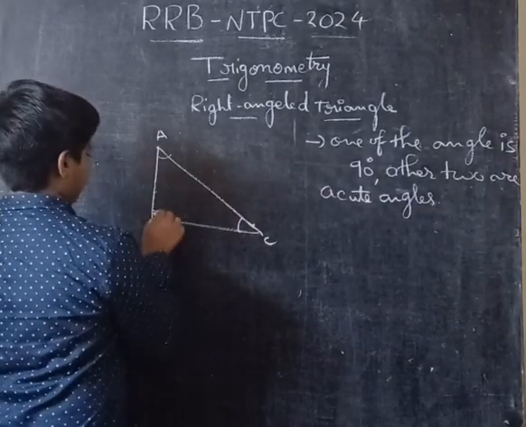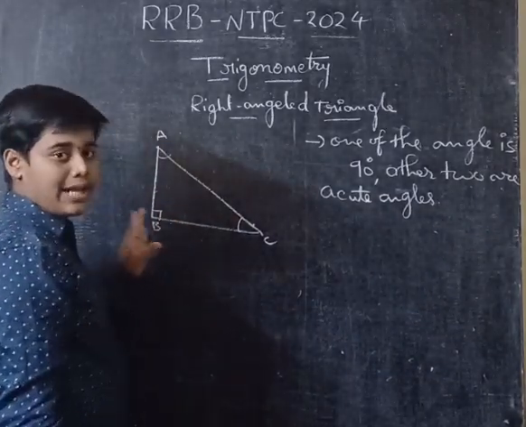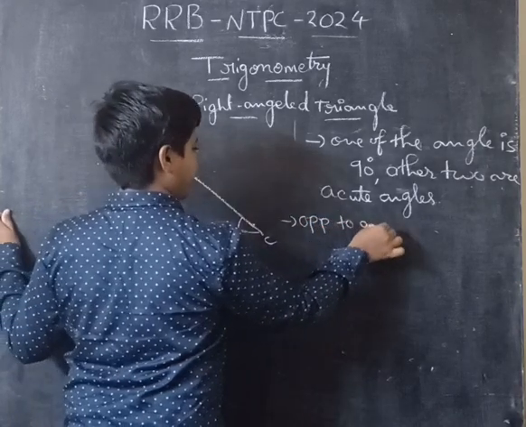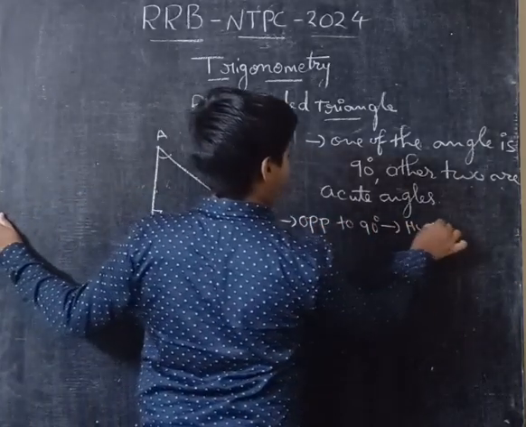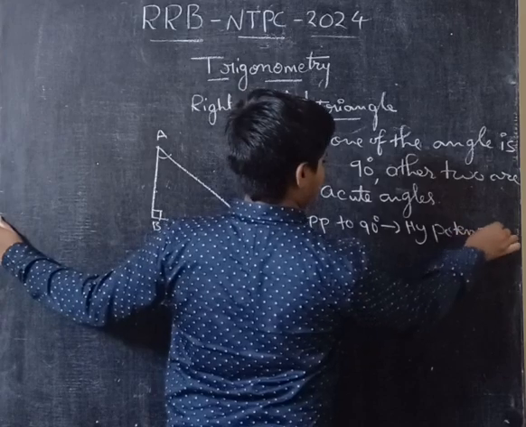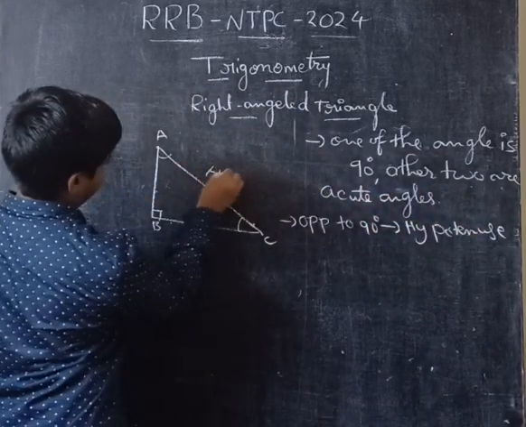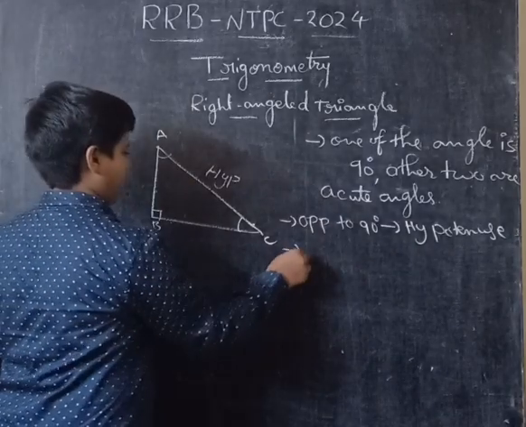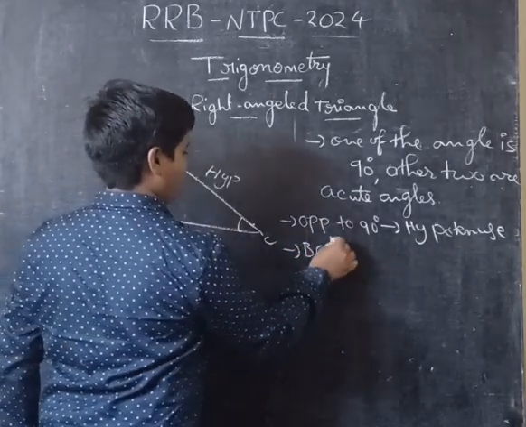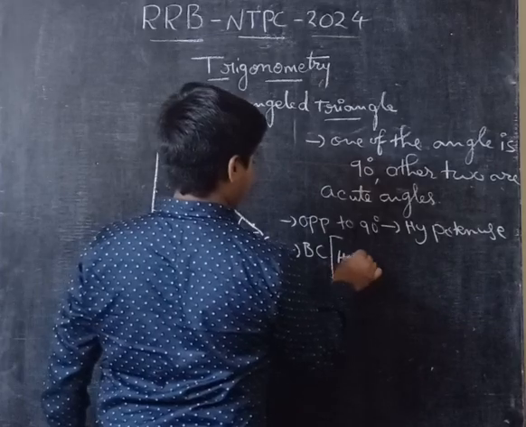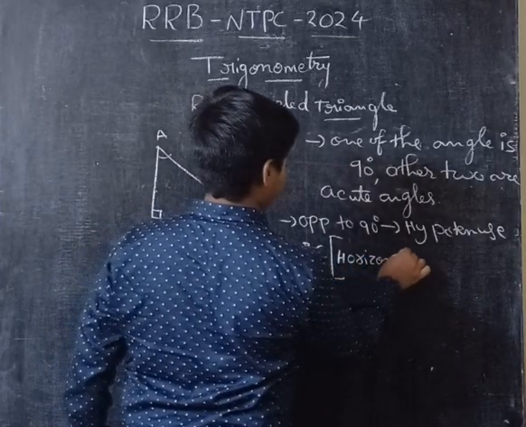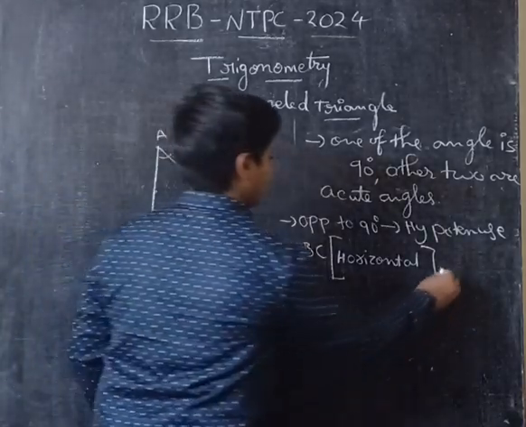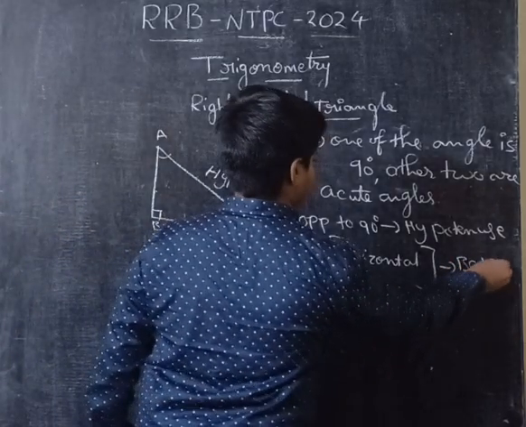So the side opposite to 90 degrees is known as the hypotenuse. Hypotenuse, simply HYP. Okay, so this is hypotenuse. And the BC, which is the horizontal line, the BC line, horizontal line, is known as base.